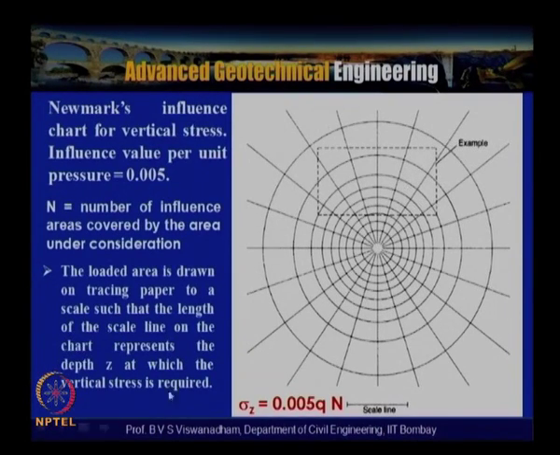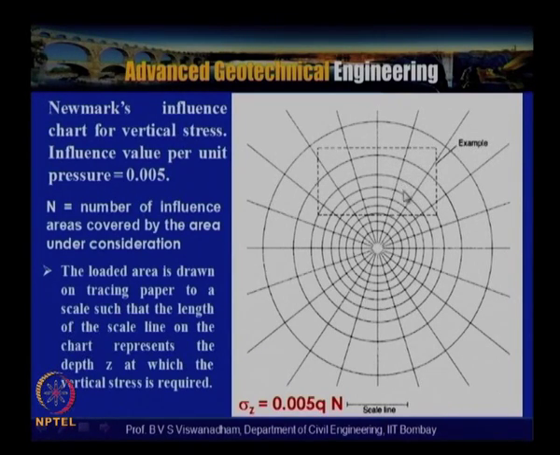So sigma z is equal to 0.005 Qn, where n is the number of influence areas covered by the loaded area. Suppose we have a rectangular area; in this area we calculate how many of these areas are covered, and some approximations can be made because we cannot get an accurate number of these areas.